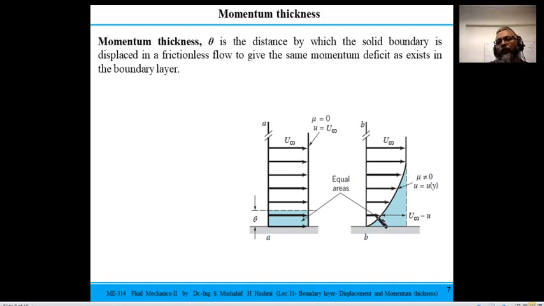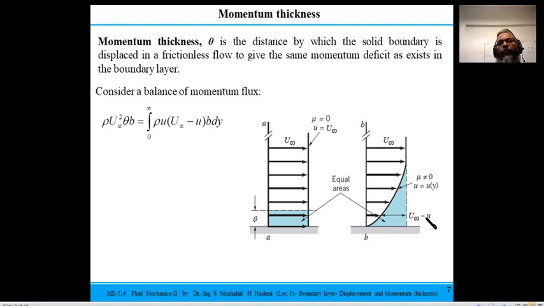This is because, as you know, as you move in the y direction, the velocity is changing. So at every y, for example, at that y you have velocity u infinity minus u. If you multiply by the mass, you will be able to get the momentum, and if you apply it with the mass flow rate, you will be able to get the momentum flow rate. So we just do the same thing, just balance the momentum flux.